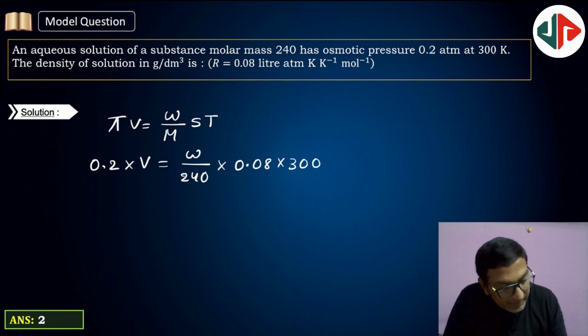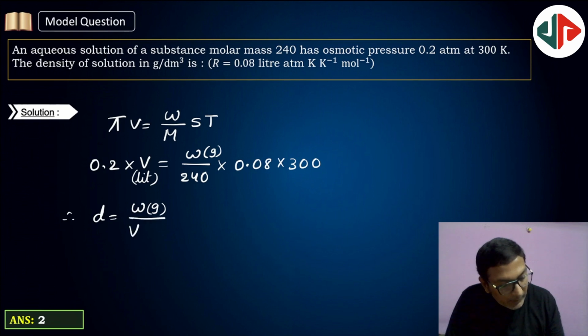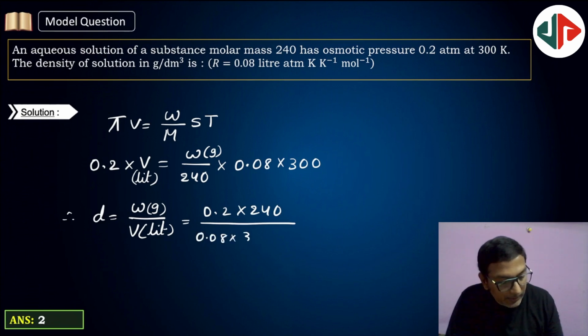So here weight must be in grams. Volume must be in liters. So therefore, density equal to W in grams by volume in liters equal to W by 0.2 into 240 divided by 0.08 into 300.